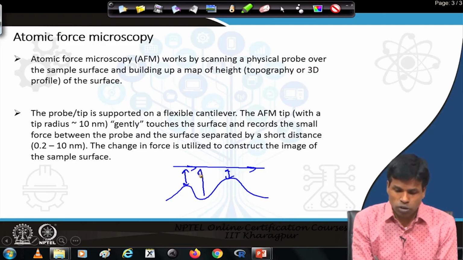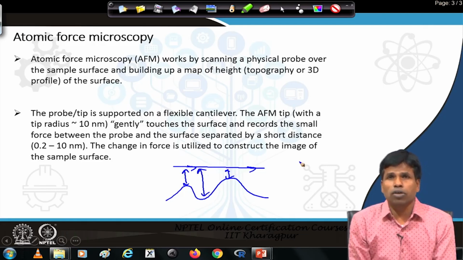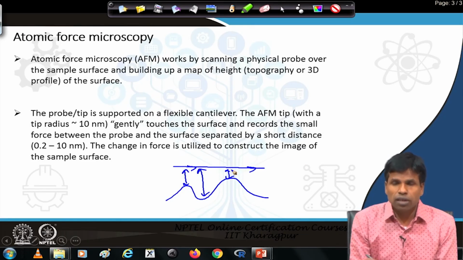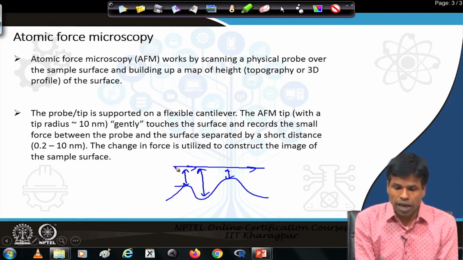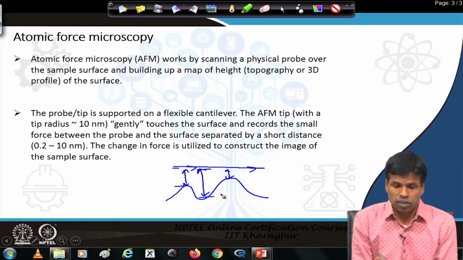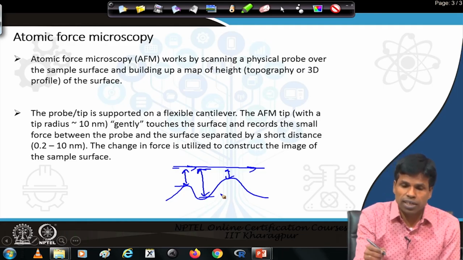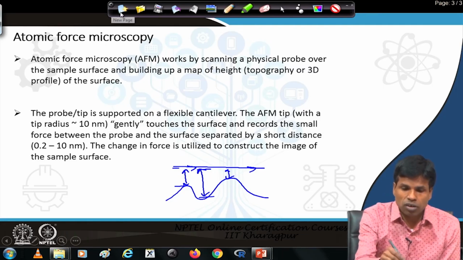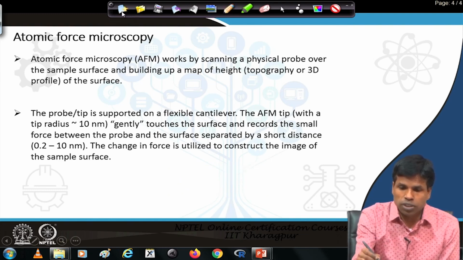So, by measuring the different forces at different locations, we can construct an image of where there is a small gap between the sample and tip, and where there is a large gap. In this way, by measuring the force, we can create a 3-dimensional image of the sample using the atomic force microscope.